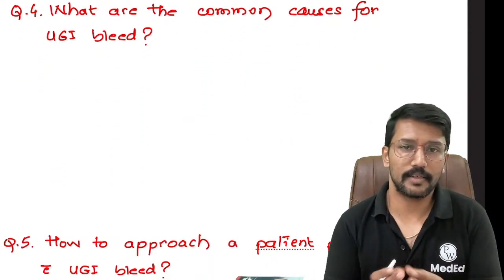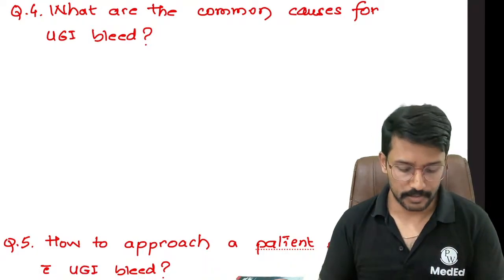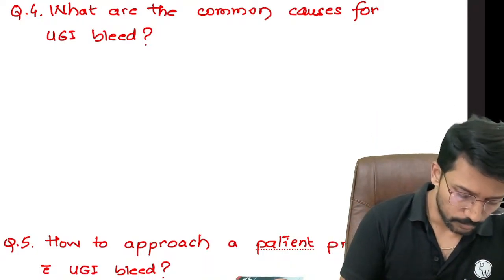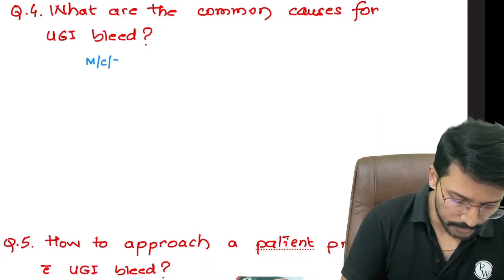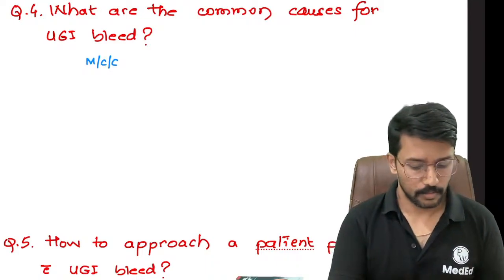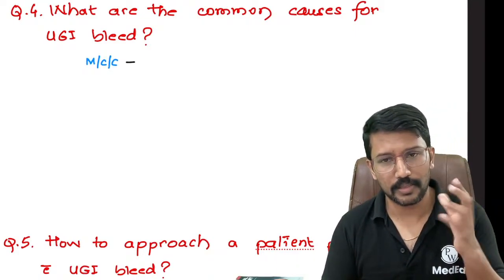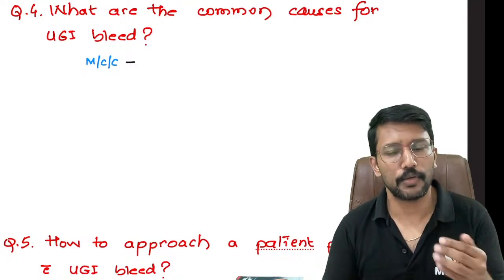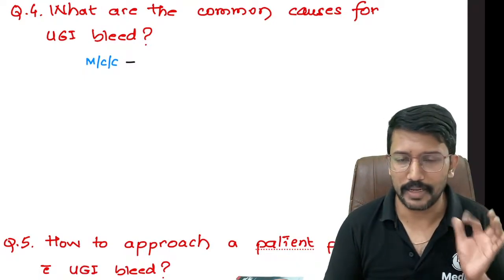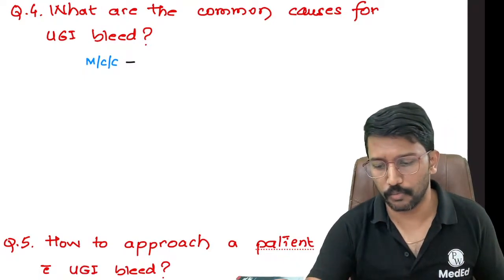Let us also understand the common causes for upper GI bleed. The first thing that we need to know is what is the most common cause for upper GI bleed. See, upper GI includes esophagus, stomach, and the part of duodenum proximal to the attachment of ligament of Treitz. Now tell me what could be the most common cause.